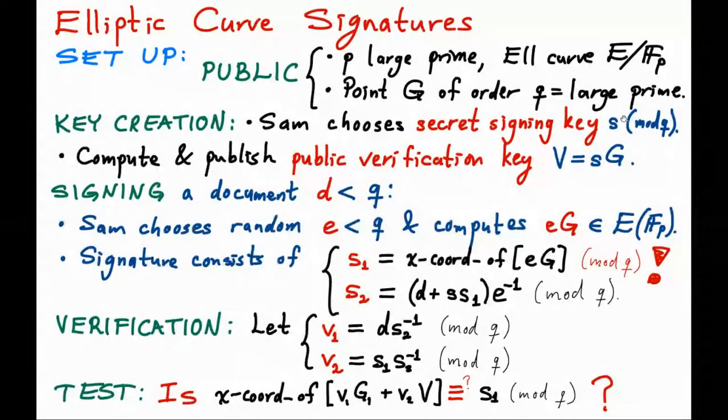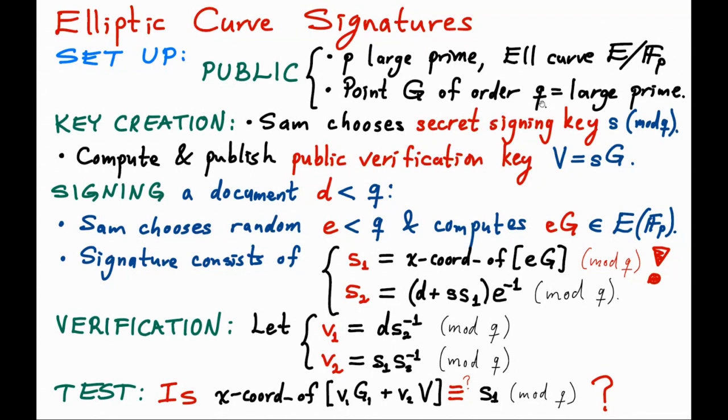So this already means that the number of points of the elliptic curve over F_P has to have a divisor that is a large prime, so that it has a cyclic subgroup of that order, right? So anyway, this is stricter in that you really want the order to be a prime.